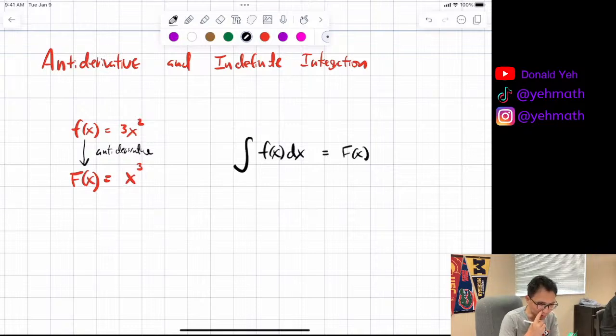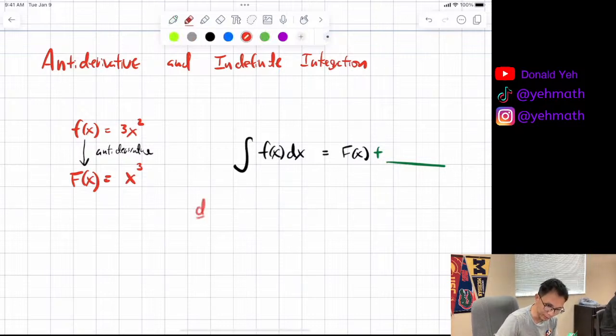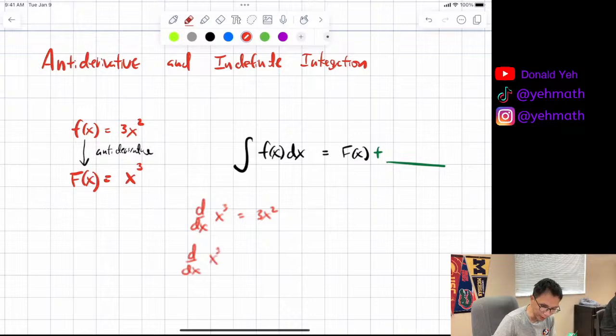Now, there's something else that is coming after this, right? Why is that? It turns out, if I take a derivative of x cubed, the answer is 3x squared, right? But what about d/dx of x cubed plus 1?